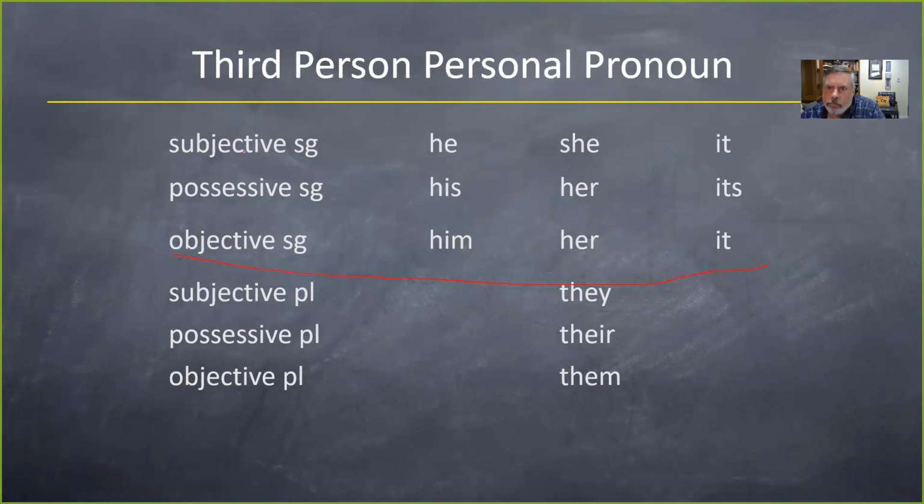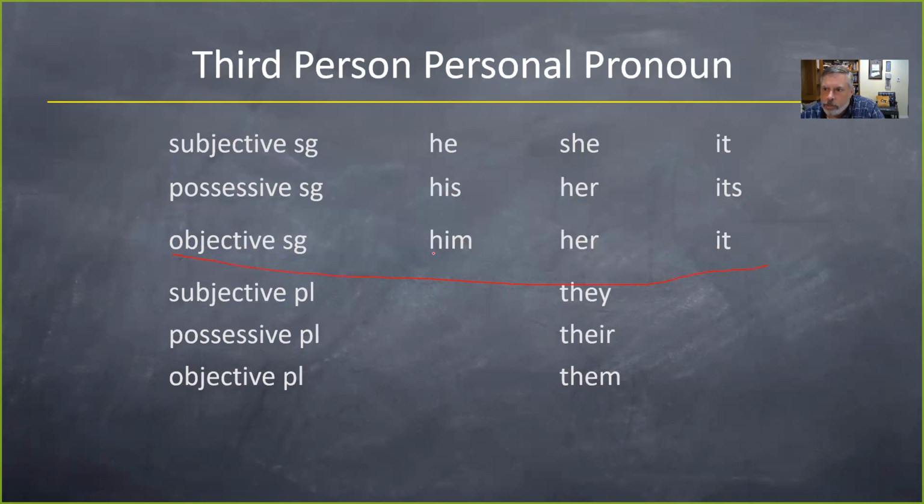In the subjective, meaning functioning as a subject: he, she, or it. Possessive, giving possession: his, her, or its. Masculine, feminine, neuter. Objective, being direct object or indirect object with our helping words to, with, or in. As a direct object: him, her, or it. Masculine, feminine, neuter.